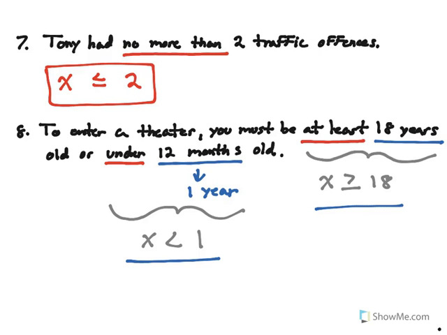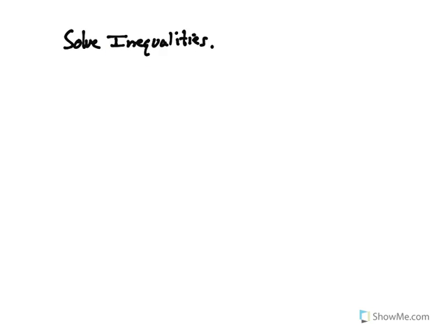So now we're going to solve inequalities. Okay, so I believe the previous example on the slide was 8, so we'll be at number 9. Okay, again, we're going to solve some basic inequalities. So we'll start off with this one.